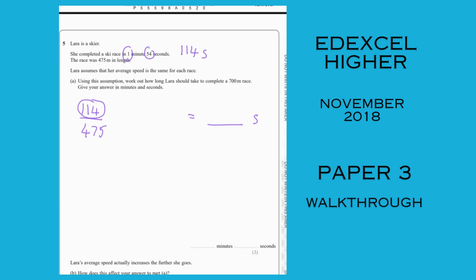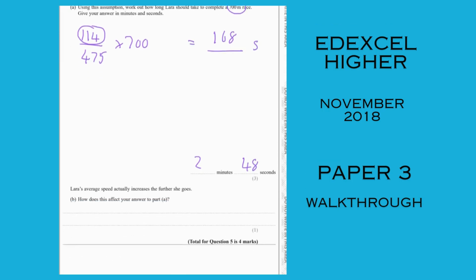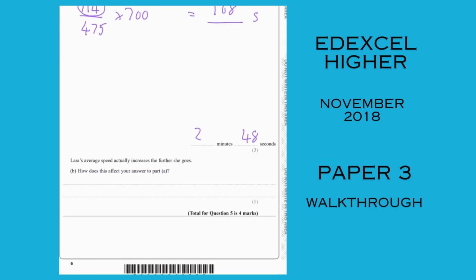So we've got that divided by that, and that will tell us how long it takes to travel 1 meter. Her next race, we need to times it by 700 meters. And you could do this in any order, by the way, as long as you get 168 seconds, which is 2 minutes and 48.